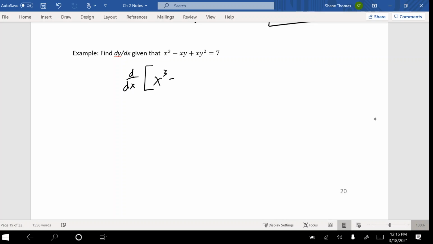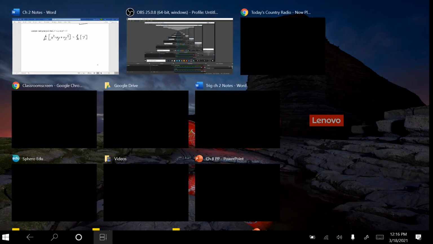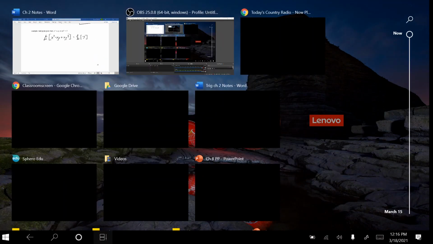X to the third minus xy plus xy squared equals dx of 7. So within this one, be careful, we have a product rule and a product rule. All right? Pause this for a second. I'm going to give you a couple minutes to try this.